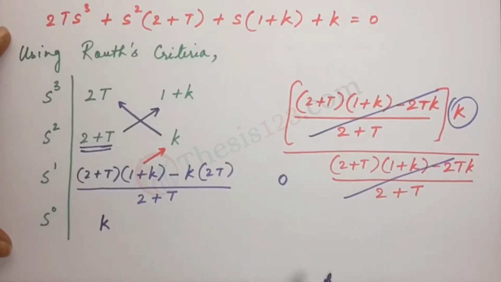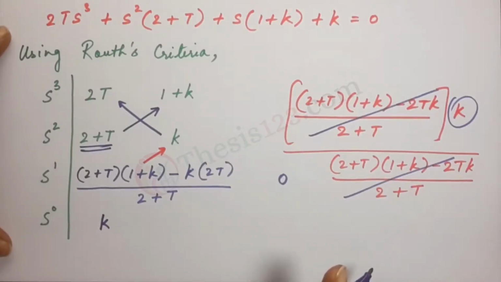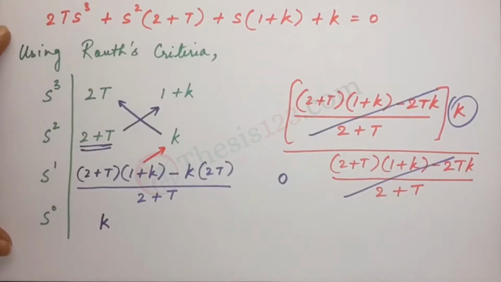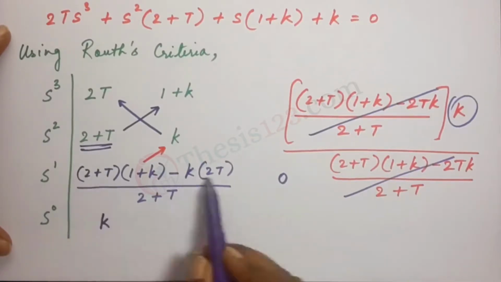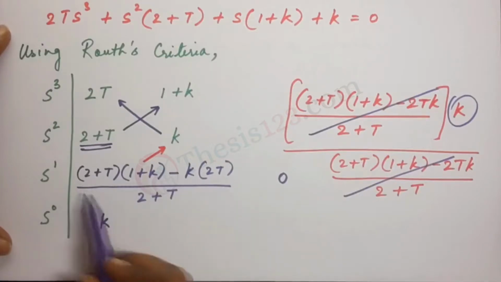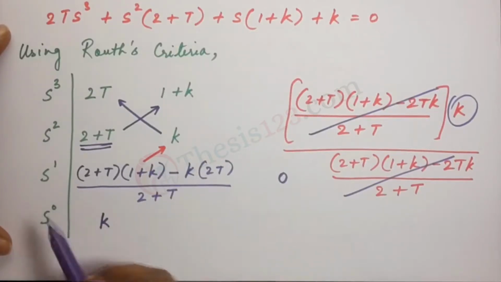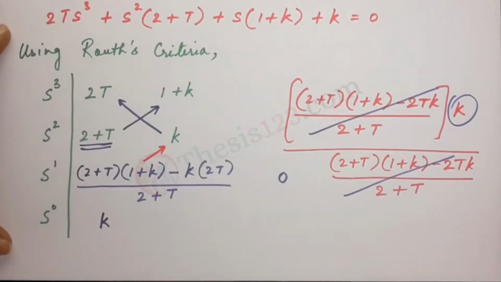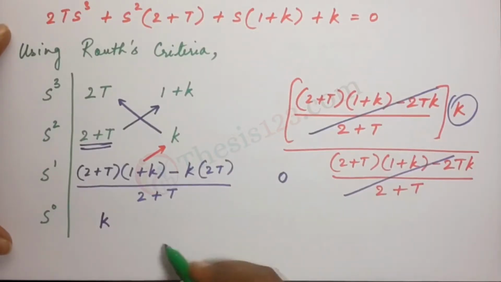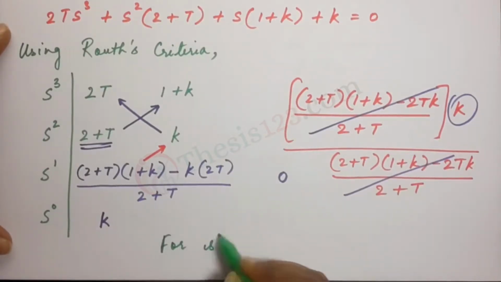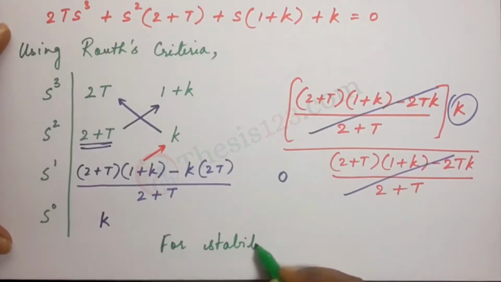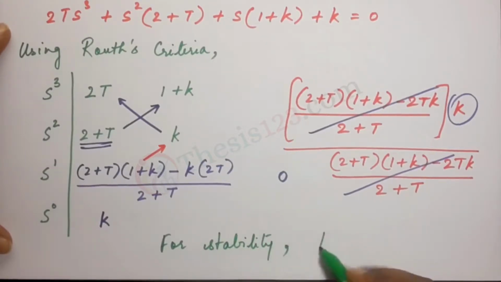Now, the next step here is to see, the question tells us that k is greater than 0 and t is greater than 0. Now, for stability, k should be greater than 0. Therefore, this term here should be greater than 0. Okay? I'll write that down here. For stability, the importance is given to k.